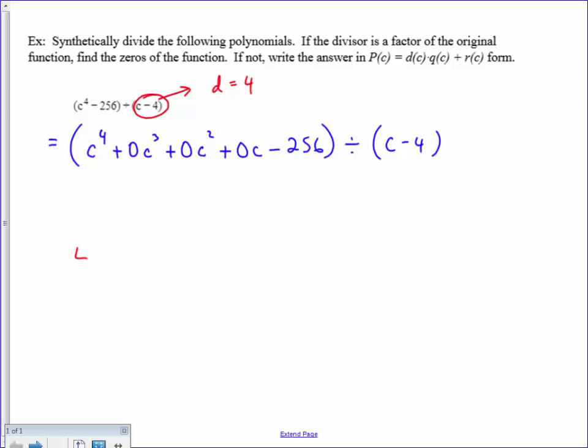So we're going to put 4 in a box, and then we will use the coefficients off of this particular polynomial as the values that go out to the side. Notice that the coefficient in front of c to the fourth is a 1. So we have a 1, a 0, a 0, a 0, and a negative 256.